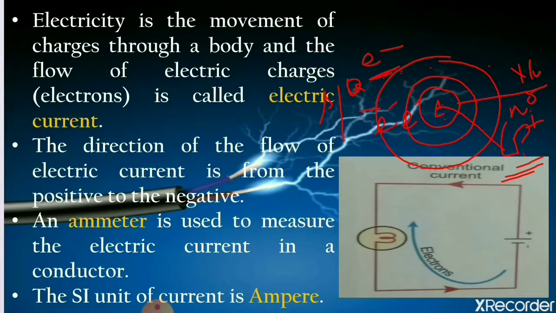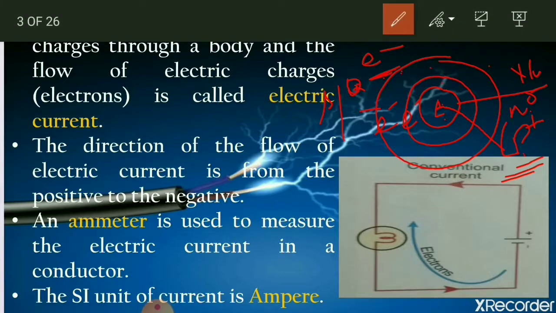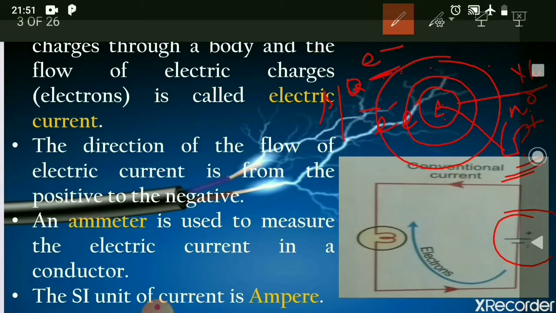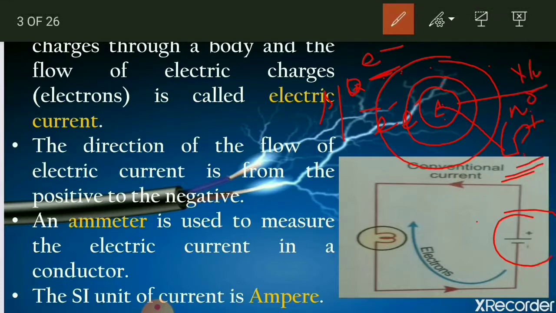So here you can see this is a cell, and this is the positive terminal and this is the negative terminal of the cell. That much you have studied in 6th class, that is why I'm explaining you here. Electrons are negatively charged particles.